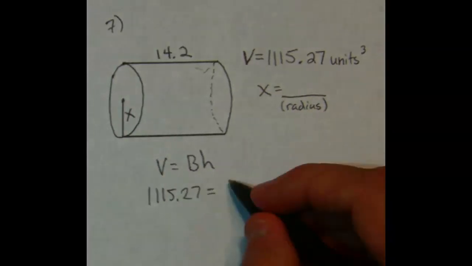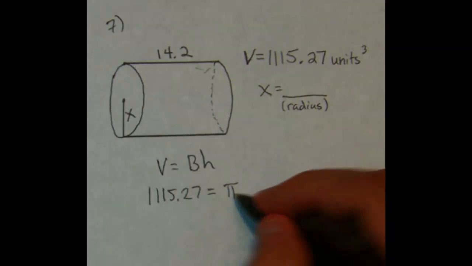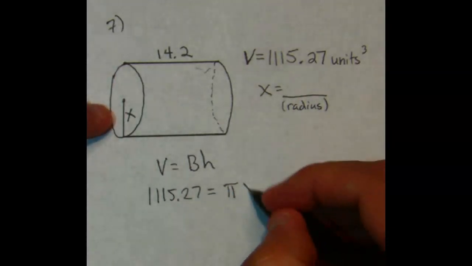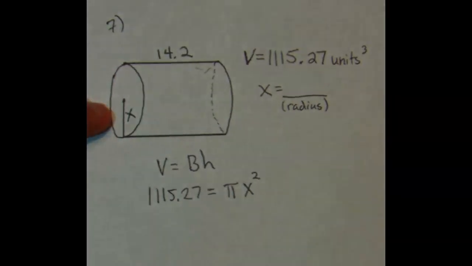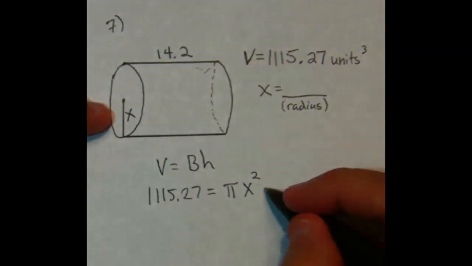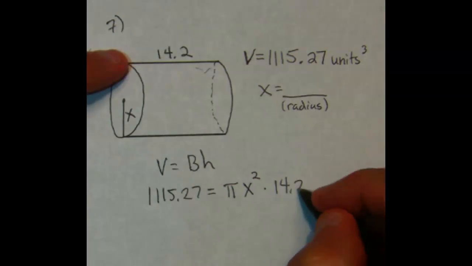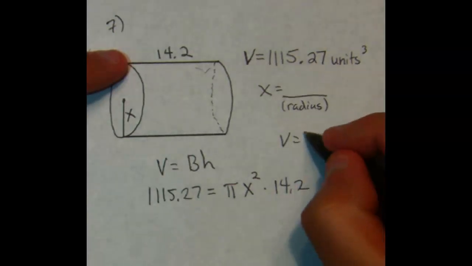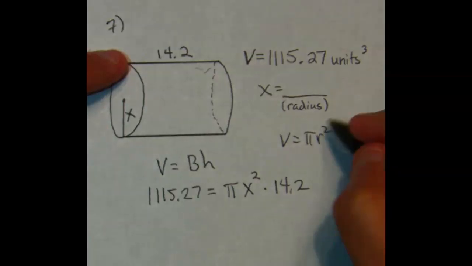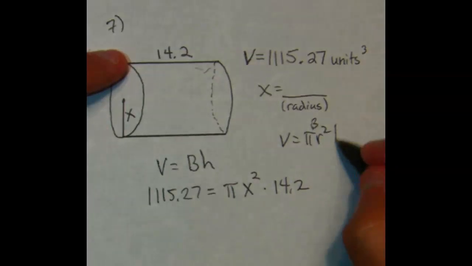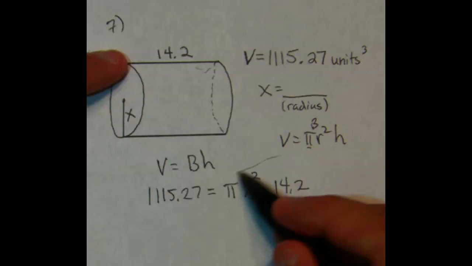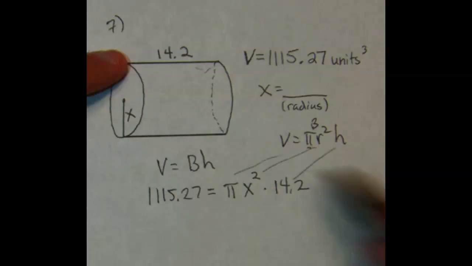That's equal to pi. Well, what's r? We don't know. That's what we're looking for, so we're going to put an x there. That's x squared. And then times the height, which is 14.2. So volume is pi radius squared, that's your big B, and then the height h. So that's where I got each one of these numbers.